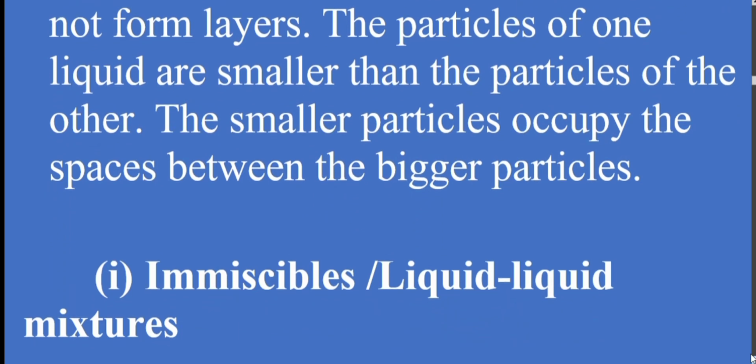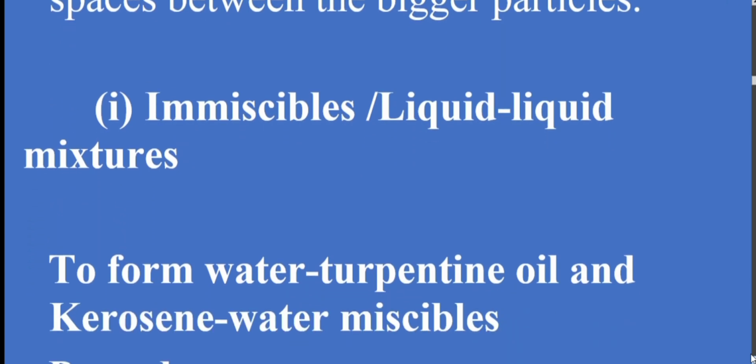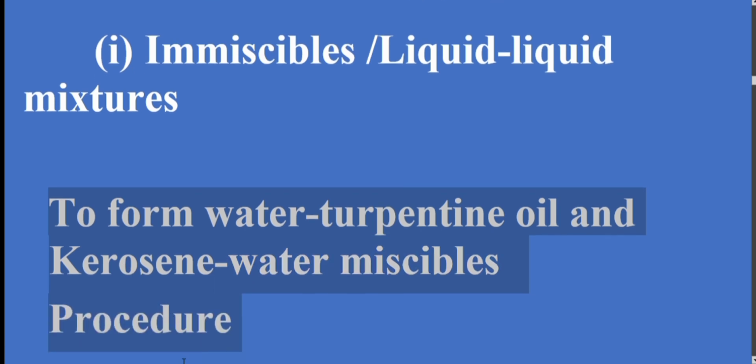So let's look at immiscible. Immiscible is just the opposite of the miscible ones. In this case, they do not mix. There is a formation of two layers. We'll have two layers of these liquids being formed.